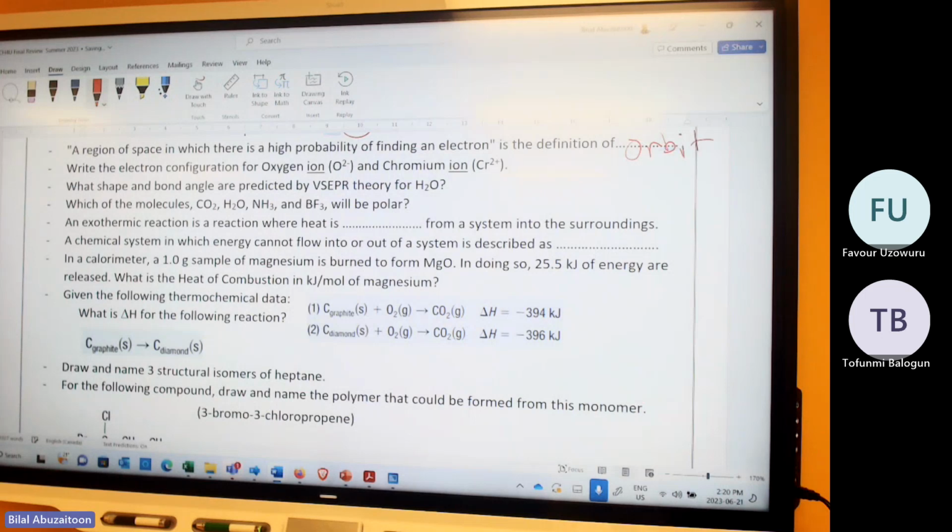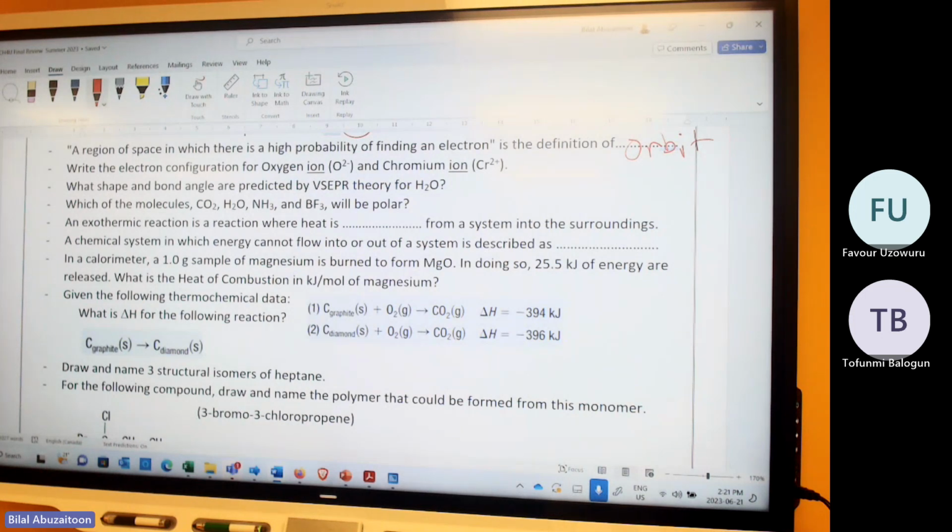Remember, there was density in that one, the most density of the electron cloud. Same idea: region of space in which there is a high probability to find the electron. It's the orbital. Write the electron configuration for oxygen ion O2- and chromium ion Cr2+.